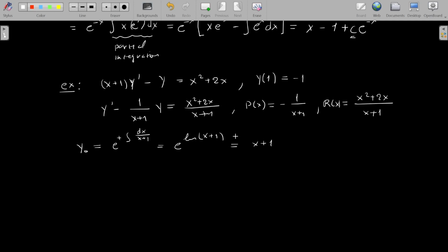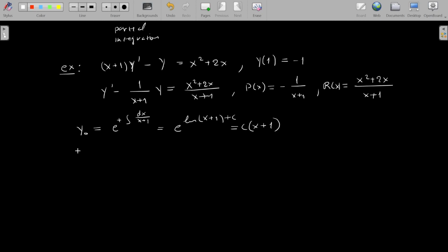We also had the constant here, so it's going to be multiplied with a constant. So finally, it's going to be y naught, so say x plus 1, and the integral of r of x over the newfound solution, which is constant times x plus 1, dx.